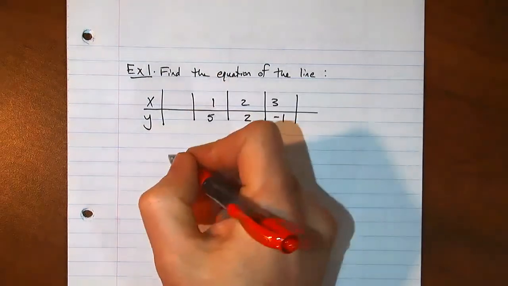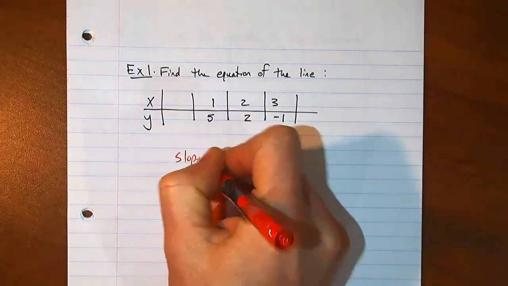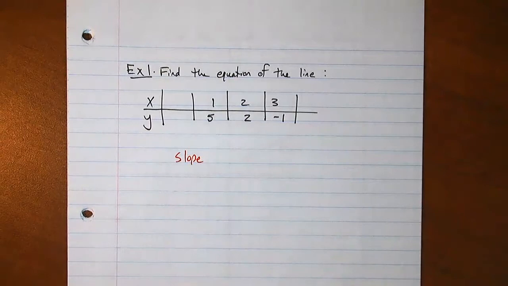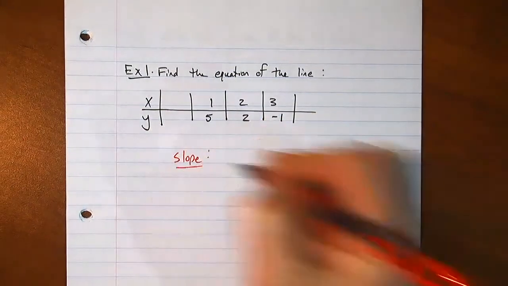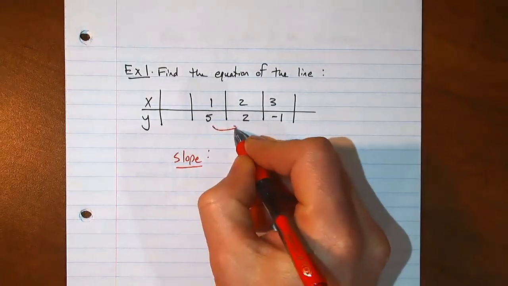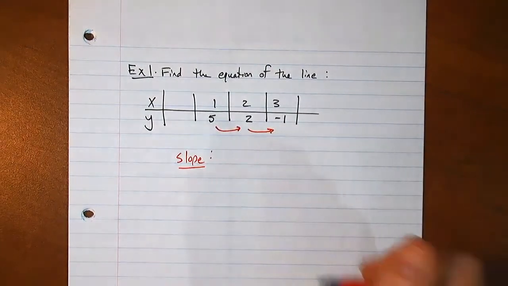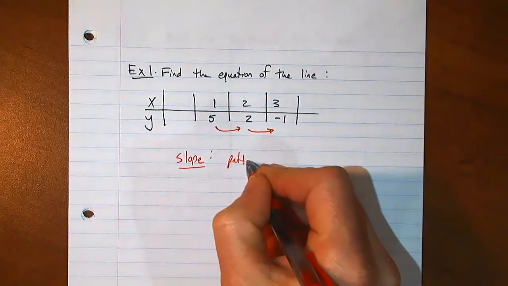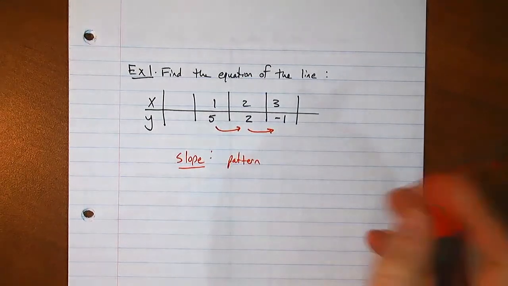Again, it doesn't matter which order you do these in, whichever seems easiest. I will say 9 times out of 10, especially with tables, the slope is the easier one to find, but it's not always. Okay? So in the slope, I want to recognize that my pattern is, first of all, going down, right? So I'm subtracting something.